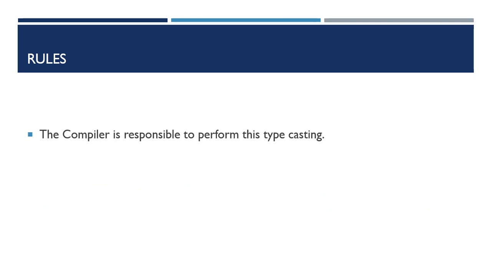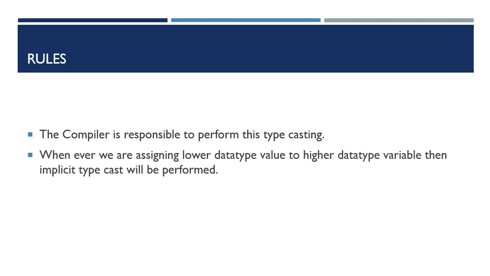So friend, first rule: who is responsible for the implicit conversion? Our compiler. The second rule: whenever we are assigning a lower data type value to a higher data type variable, implicit typecast will be performed, and you have to remember that the value should be compatible. The definition is wrong for long to float, sorry.